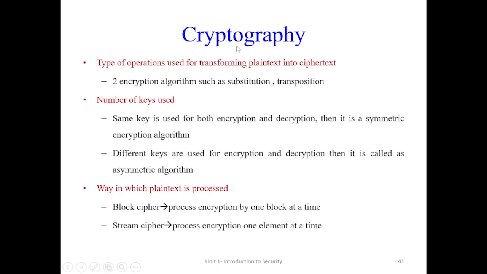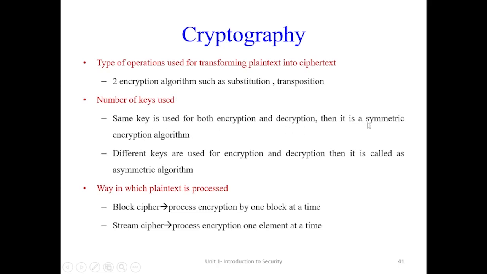And the main aim of cryptography is studying the different cryptographic mechanisms. So it contains 3 points. One is the different types of operations which can be used for transforming plain text to ciphertext. So those algorithms are using either substitution or transposition. Sometimes a few algorithms may use these two techniques together. Second is the number of keys, which is already discussed.